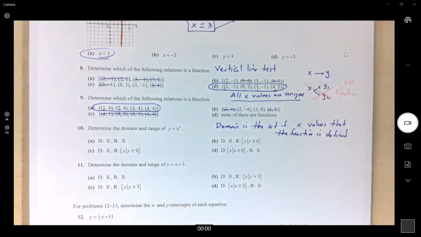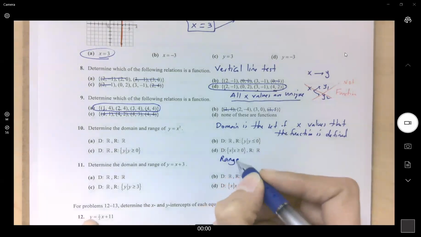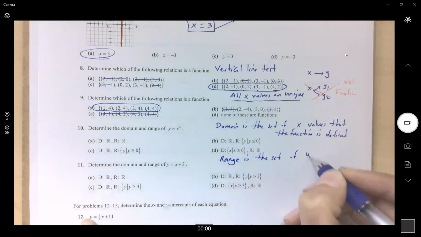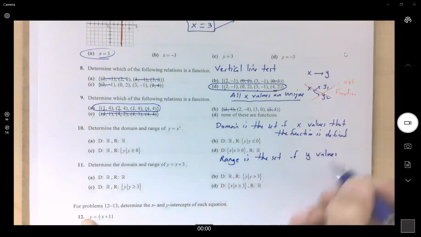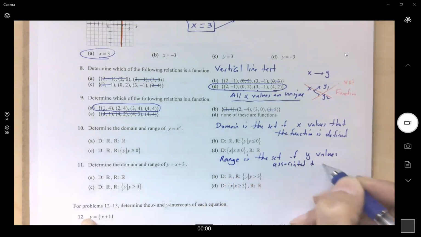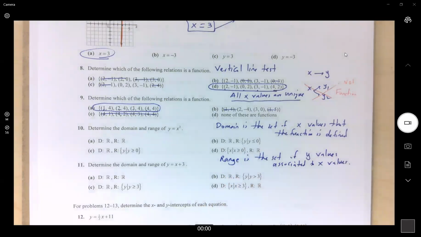What about the range? Range is the y values that are associated to x values. So range is the set of y values associated to x values. Okay, let's take a look at this one.